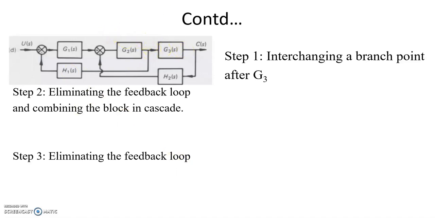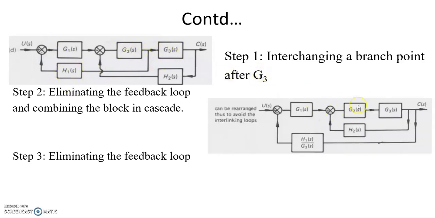So instead of H(s), you put H1(s) divided by G3(s). This is the reduced diagram after interchanging the branch point after G3.